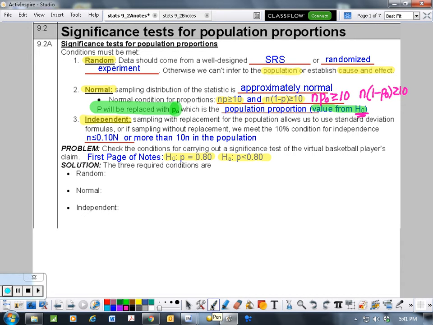So we check our conditions. Random: because this was an experiment, and each free throw shot we're assuming is independent of each other, making one does not affect if you make the next.